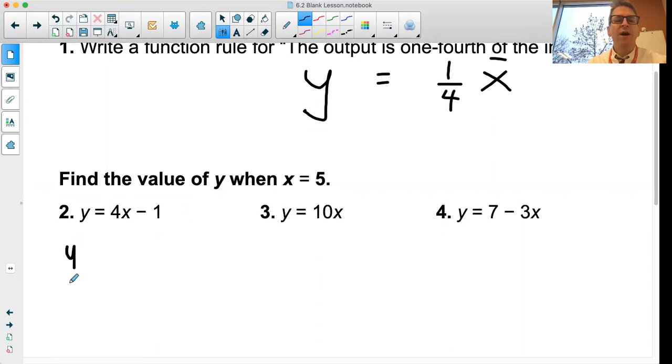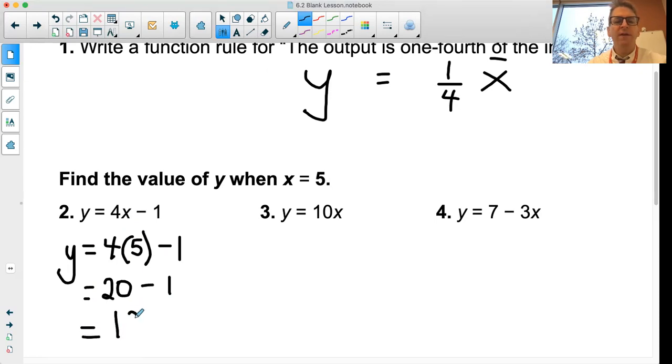So wherever x is, you're going to substitute 5 in. Now simplify. 4 times 5 is 20. Minus 1 equals 19.